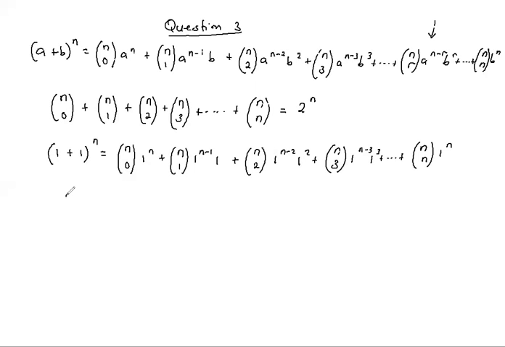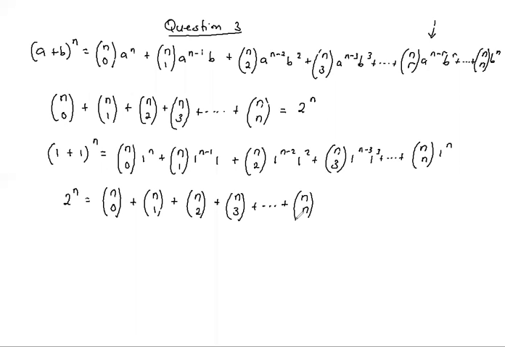But 1 plus 1 is 2. And 1 to the power n is just 1. Multiplied by anything, we get anything. So, no matter how many times you power 1, nothing will change about it. It will remain 1. So, you have this. And this is exactly what we have to prove.